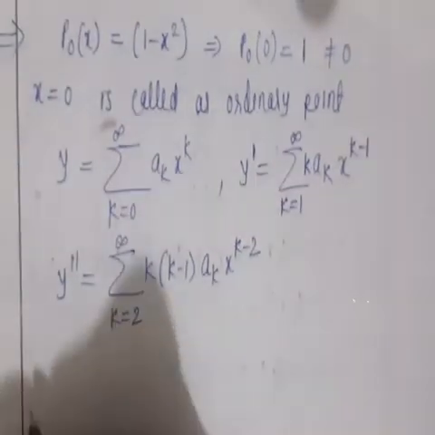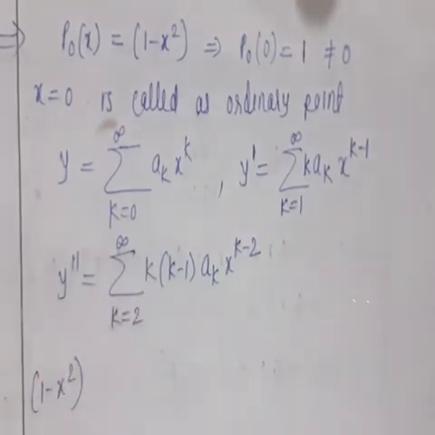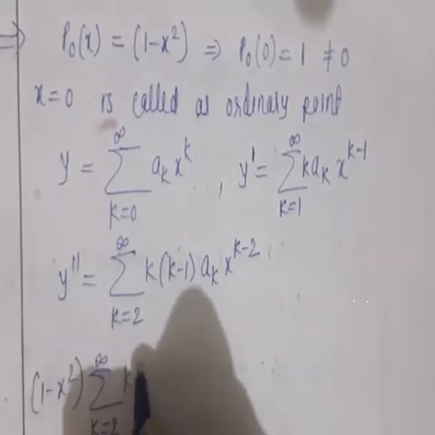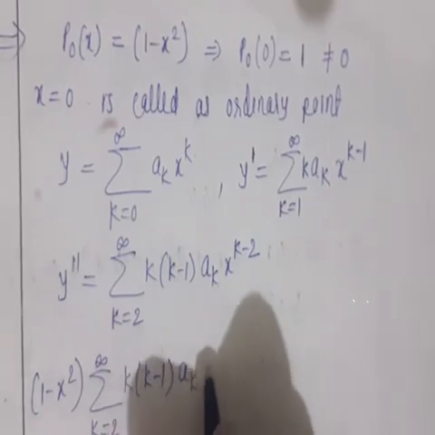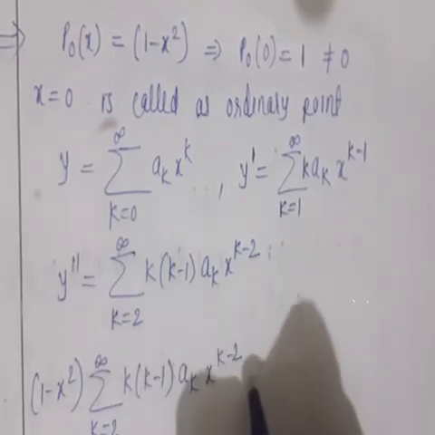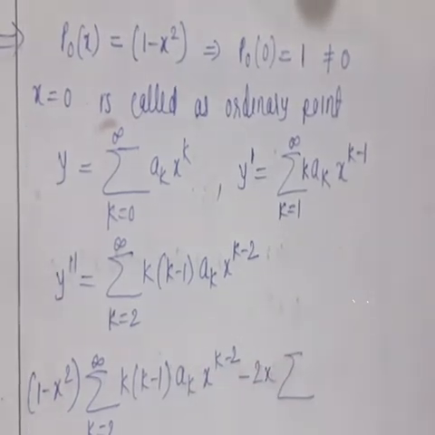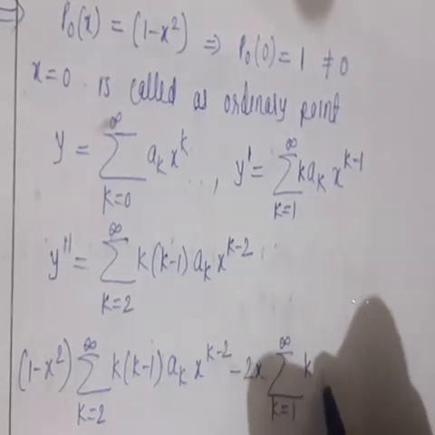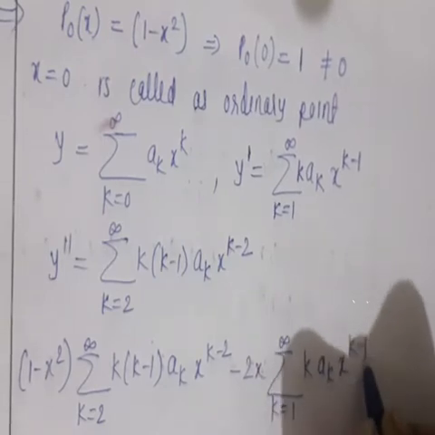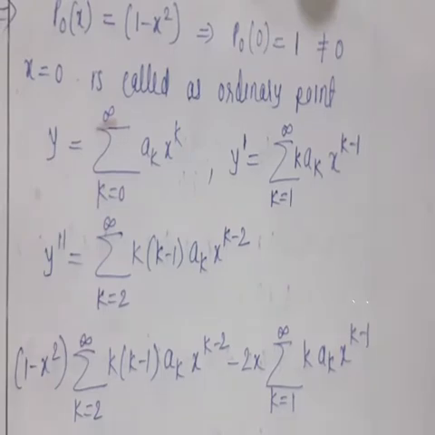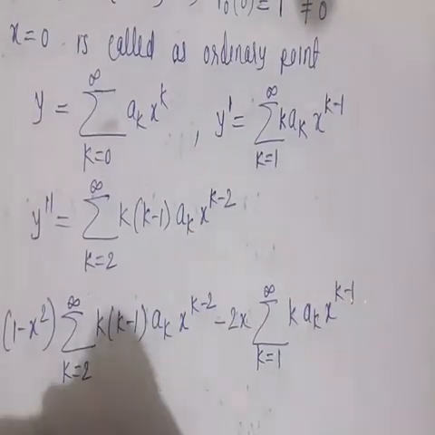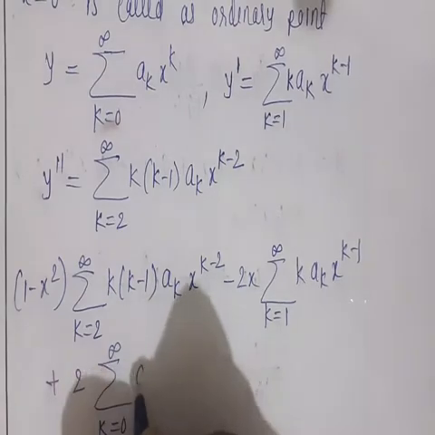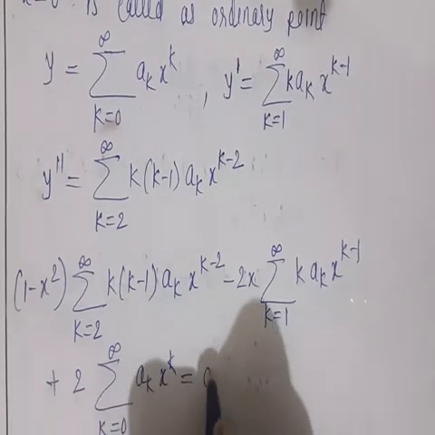The given differential equation is (1 - x²) multiplied by y''. The y'' value is summation k = 2 to infinity k(k - 1) a_k x^(k-2), minus 2x multiplied by y'. The y' value is summation k = 1 to infinity k a_k x^(k-1), and the next term is plus 2 multiplied by y, which is summation k = 0 to infinity a_k x^k, and this is equal to 0.